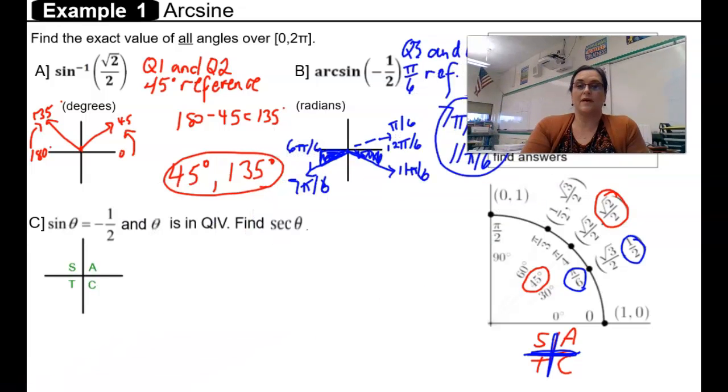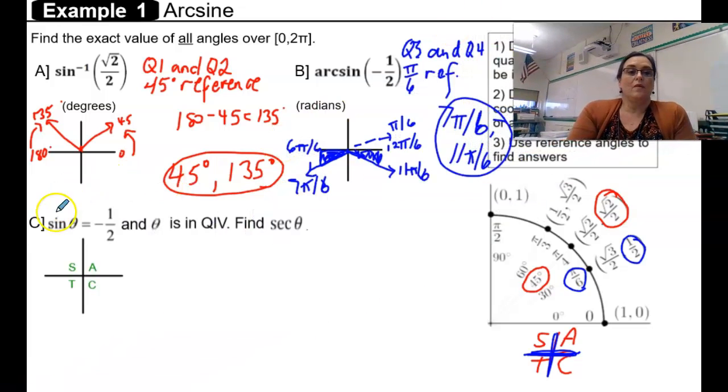Okay, now we're given that the sine of theta is -1/2. Theta is in quadrant 4. So to find the secant, it would be good if we knew what angle theta was. So let's go ahead and do the inverse to find it. So theta is equal to the arcsine of -1/2.